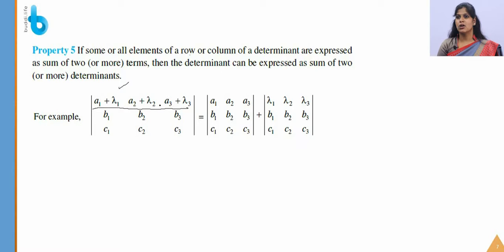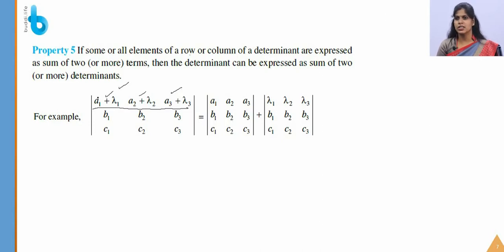See here, all the elements of this row are expressed as a sum of 2 terms. Then the determinant can be expressed as sum of 2 or more determinants. So this one determinant I can express as a sum of 2 determinants.